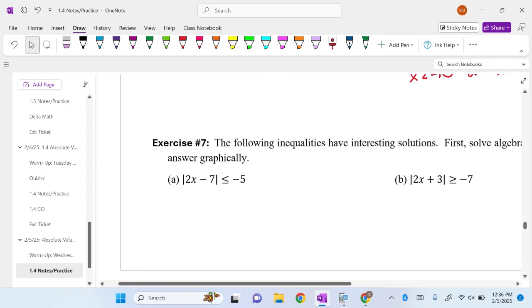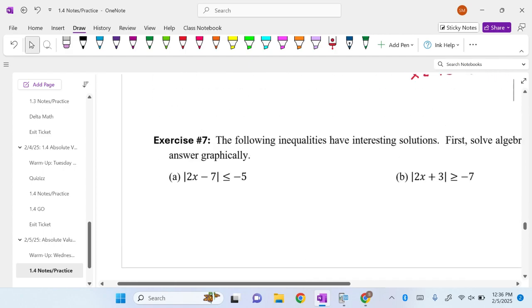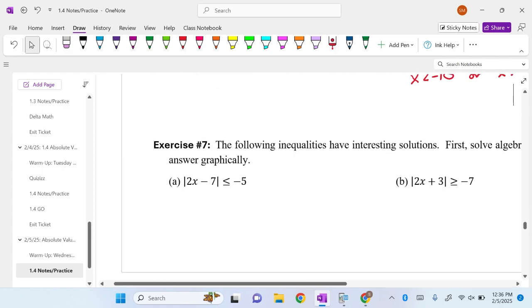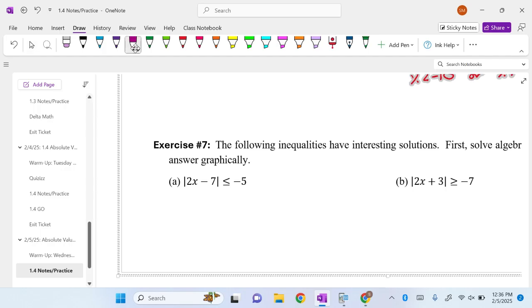So there are some special cases with inequalities that have interesting solutions. So what did I say yesterday when you had an absolute value statement equal to a negative number? What was it? So say I had the absolute value of x minus 2 equal to negative 5. What did I say yesterday the solution automatically is?